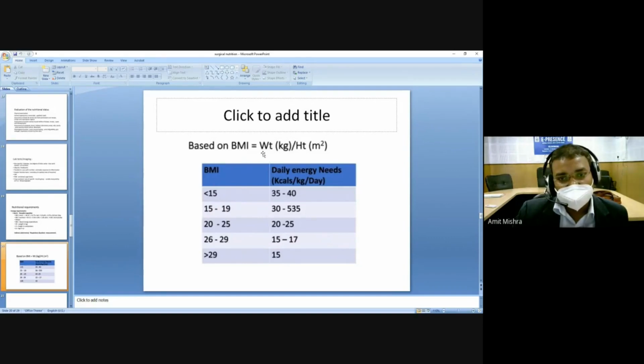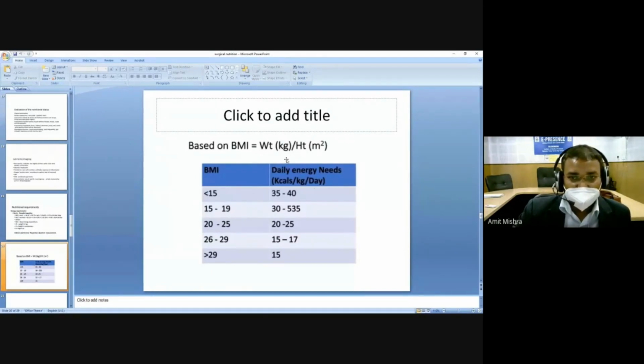So I'm again repeating how it is calculated: weight in kg upon height. Weight is always on the higher side if you calculate in kg, and height in meters is on the lower side. So if we divide the higher by the lower, you will obviously get this parameter, BMI.